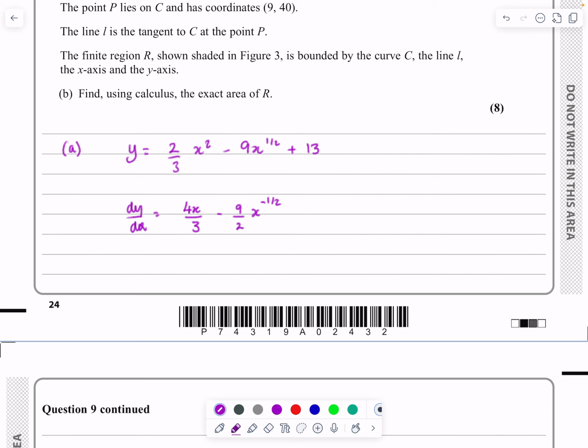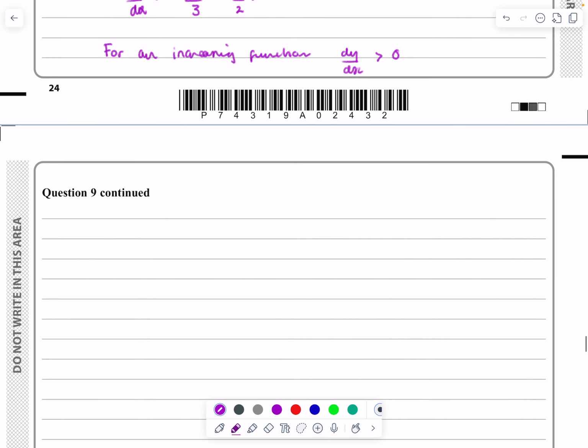So for an increasing function, dy by dx is always greater than 0. So let's do that for our function. We've got 4x over 3 minus 9 over 2 x to the minus a half.